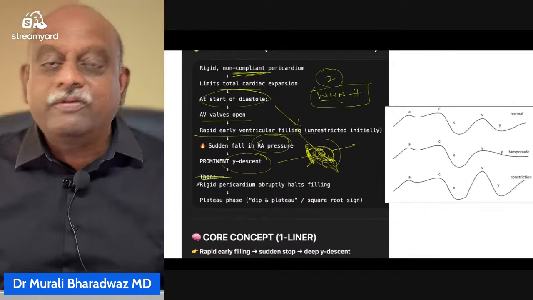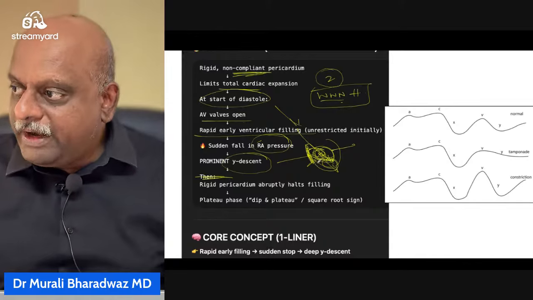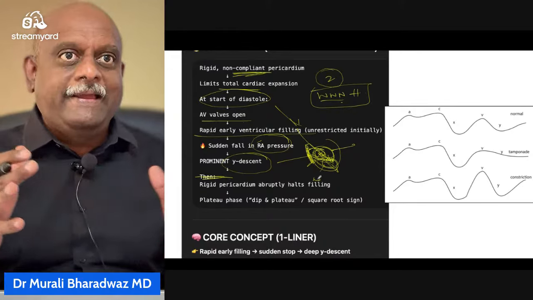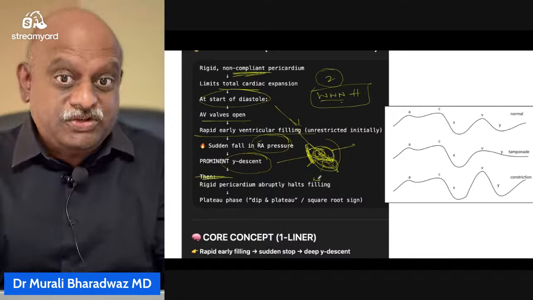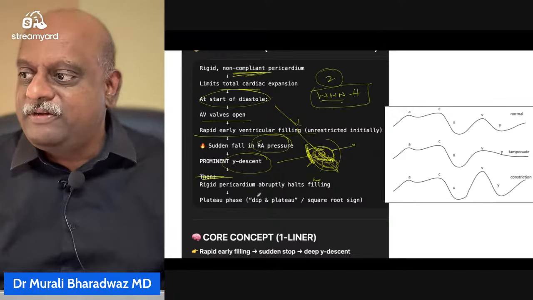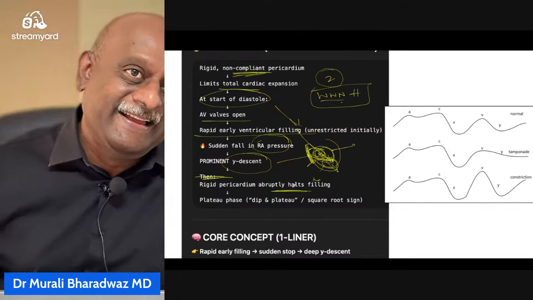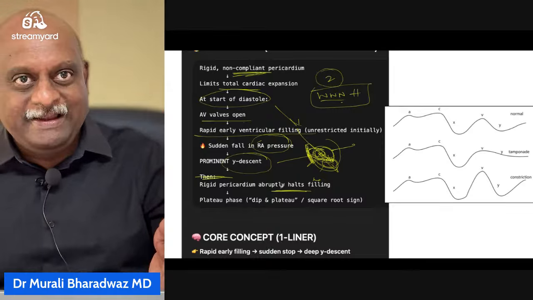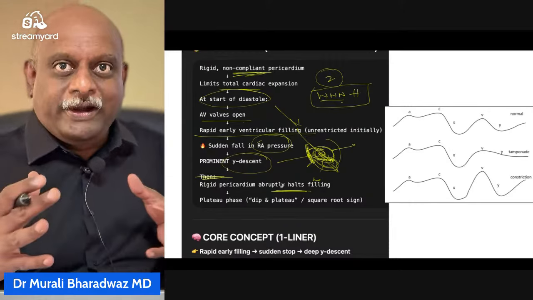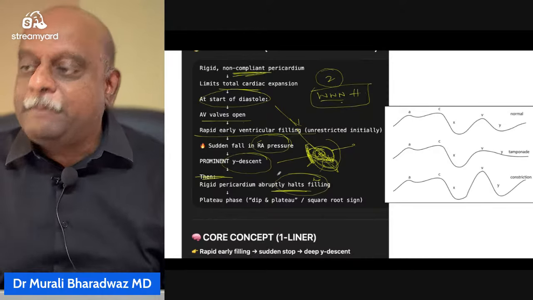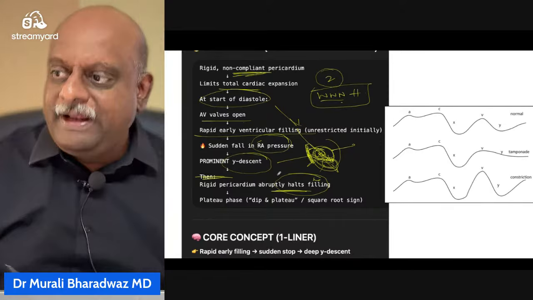And after that, what will happen? The ventricle, when it is getting filled, is expanding, and at that time the stiff pericardium around it will say, no, sorry, the atrium pushed blood, but you can't fill beyond this point. And it will abruptly stop the filling.